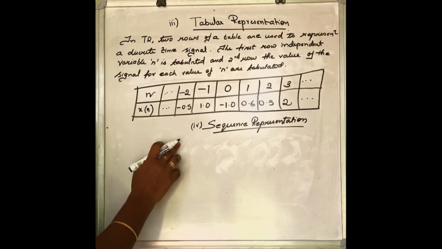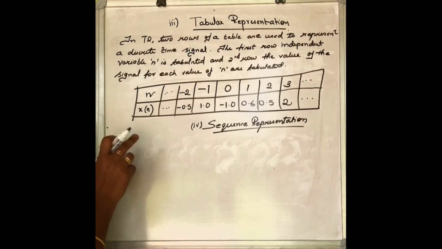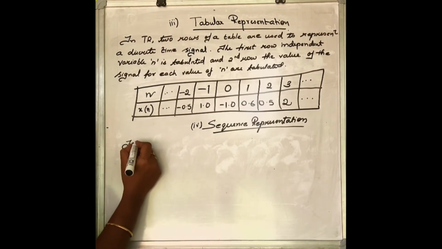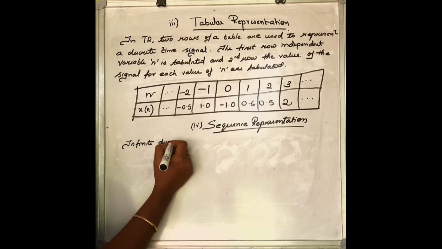The fourth is the sequence representation. So here you can have infinite duration and finite duration. First we'll see for infinite duration.